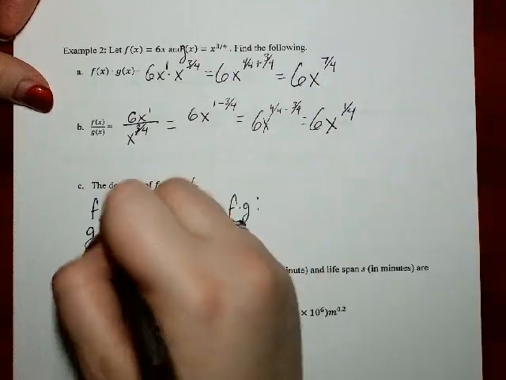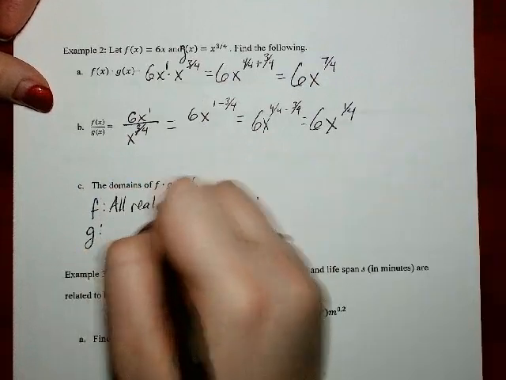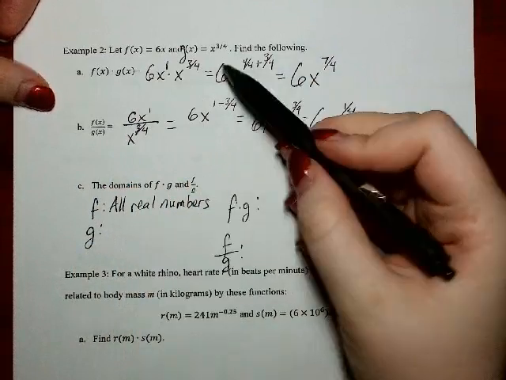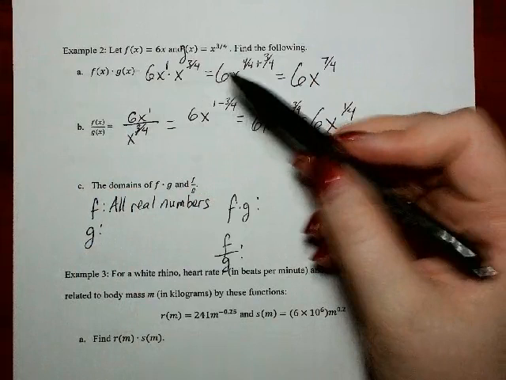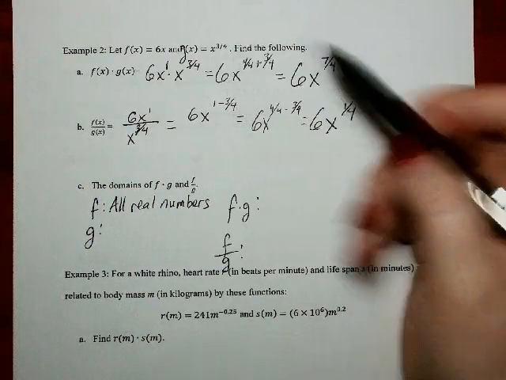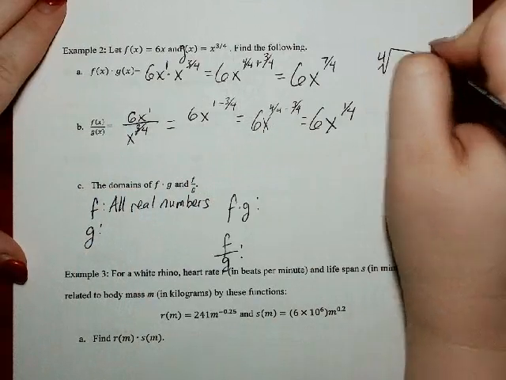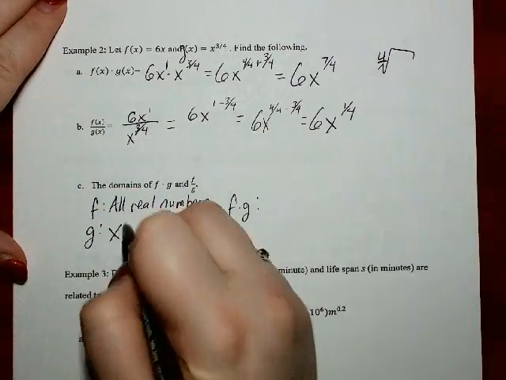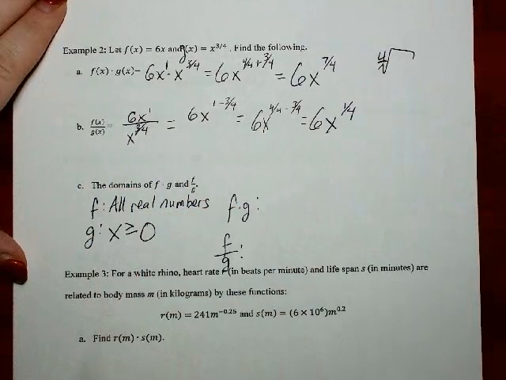So this one is all real numbers. Okay, this one is a 4th root. So n is even, so we have to have positive numbers in there, or 0. So x has to be greater than or equal to 0.